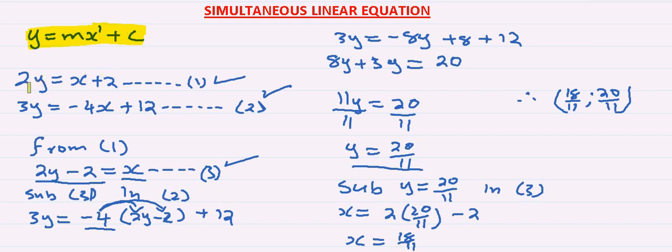So we are saying if we are given two functions, where function number one is 2y equals x plus 2, and equation number 2 is 3y equals negative 4x plus 12. The first thing that you must do is label your equations. Then you take the first one, you say this is equation 1, this is equation number 2.